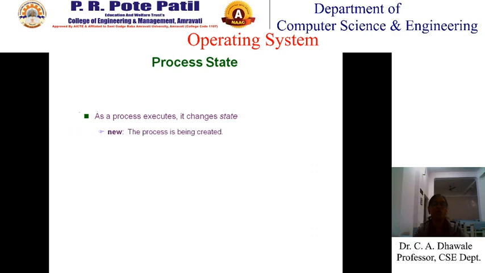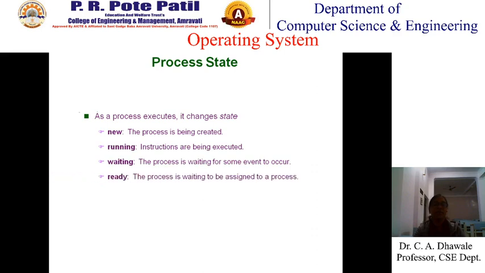So when a new process is created, someone wants to write a new program, then its state will be the new state. Then the second is the running state, then the waiting state, then the ready state, and the terminated state. For the time being, just keep it in mind. With the diagrammatic representation in the next slide, I will explain in detail.